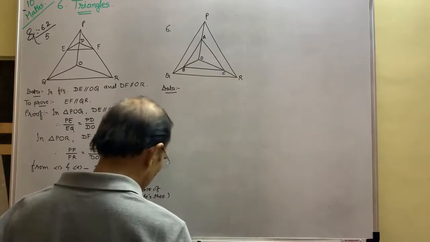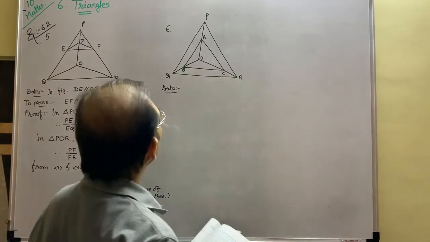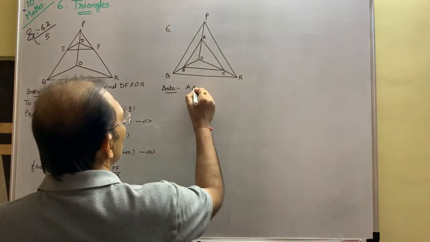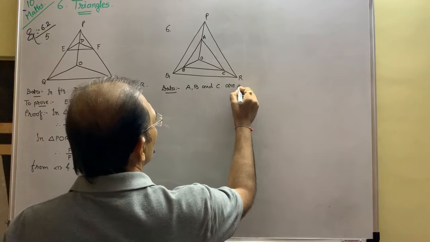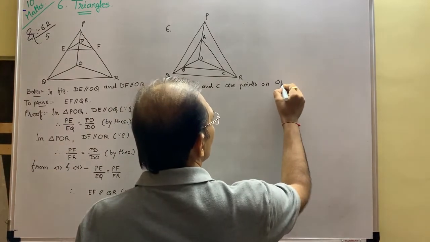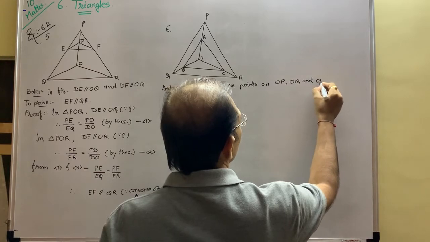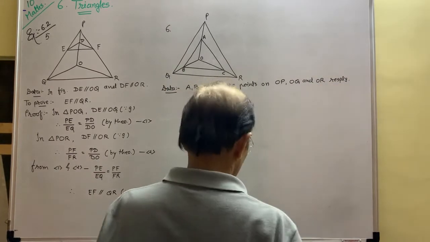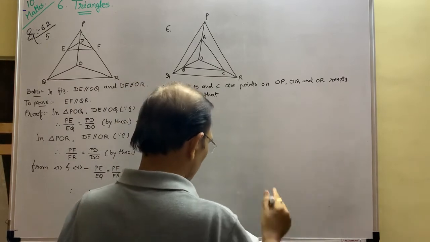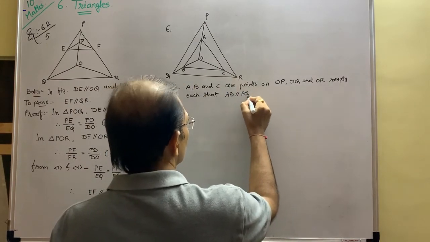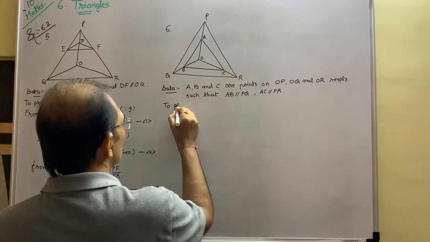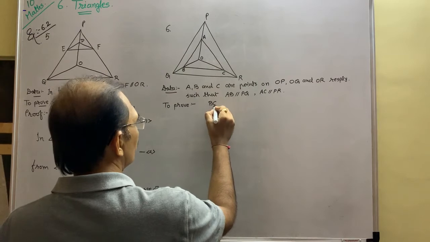See the textbook, page number 129. A, B and C are points on OP, OQ and OR respectively, such that AB is parallel to PQ, AC is parallel to PR. To prove: BC is parallel to QR.